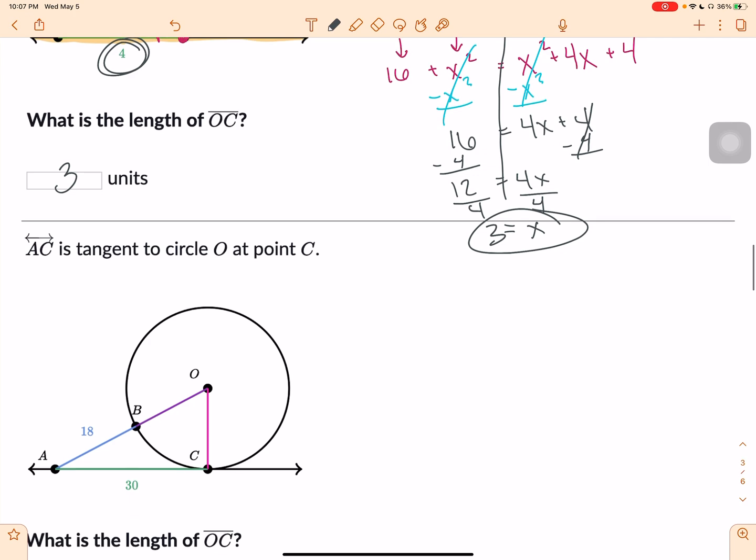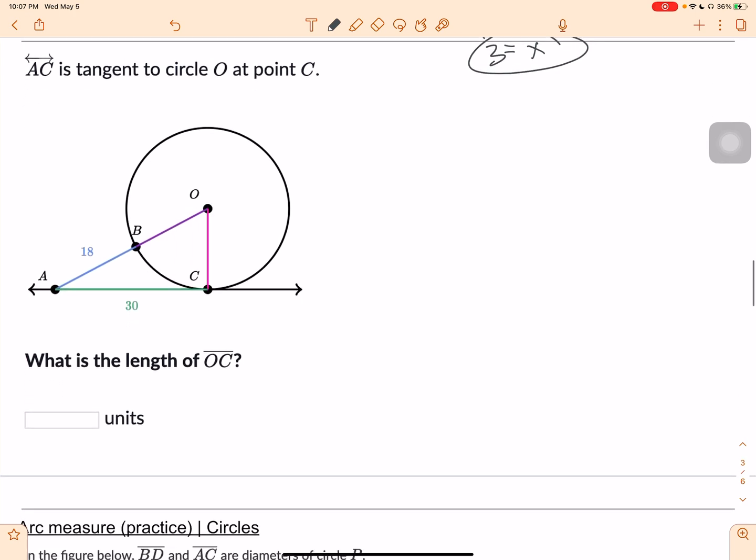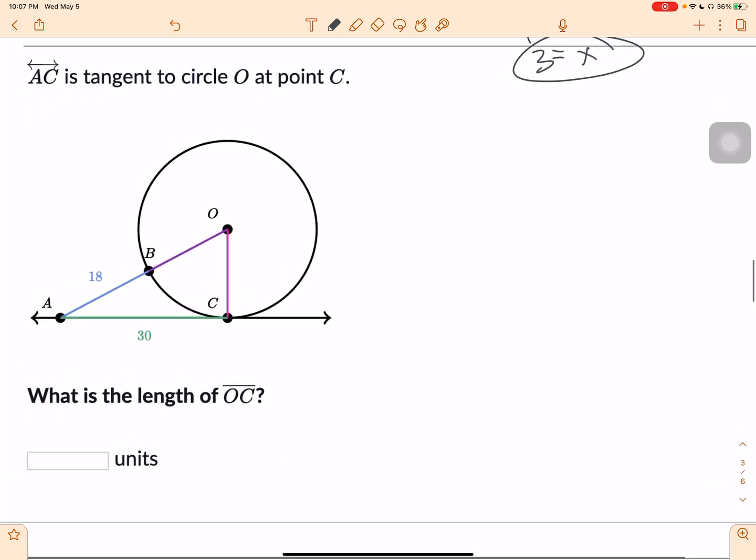All right, so now here's another one with the tangent. So it says here that the line AC is tangent to circle O at point C, right? So this line here is tangent at point C, which means that since there's a radius here, OC, this is a right angle.